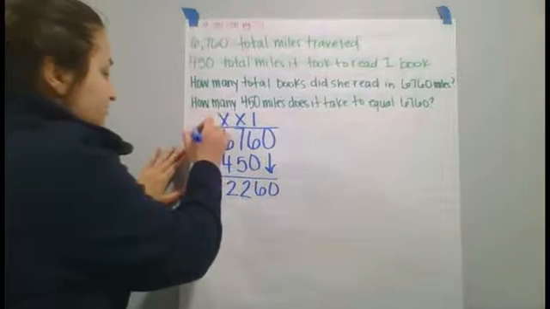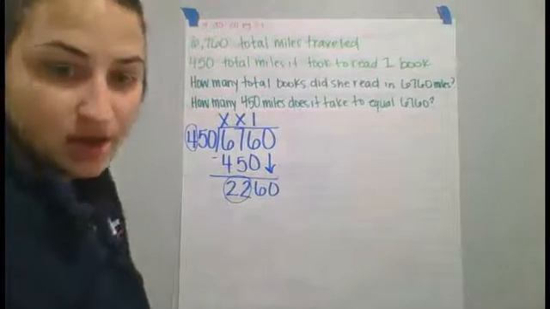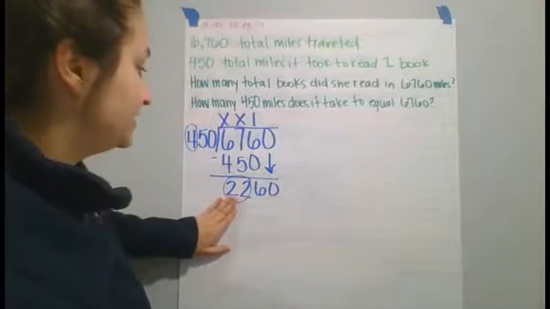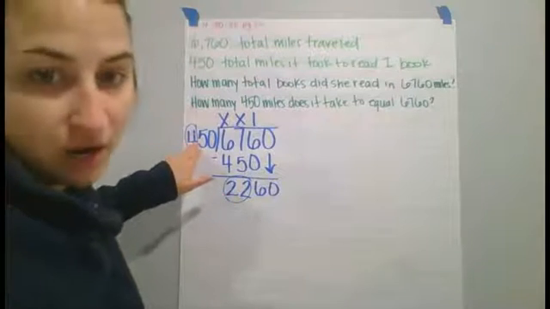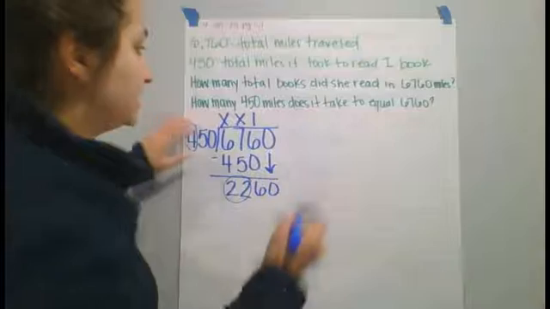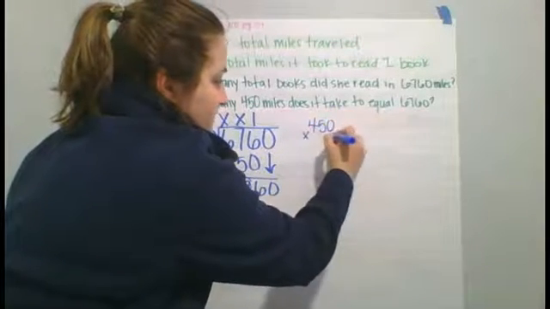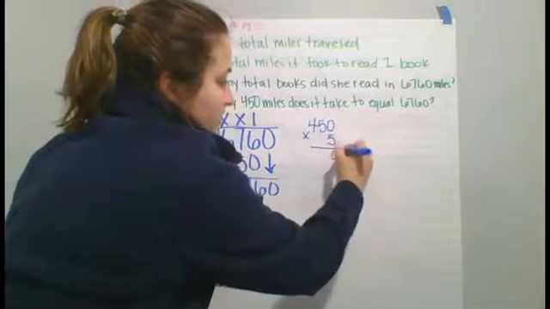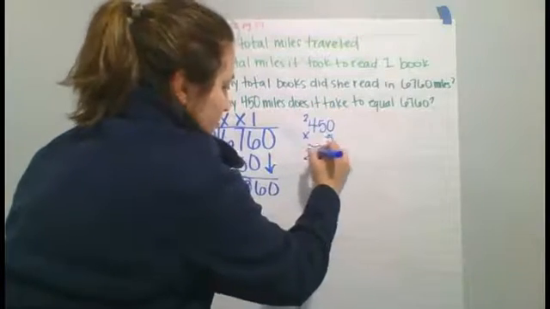So I'm going to look at this 4 and see how many times it can go into 22. So 4 can go into 22 5 times. So I want to start by taking 450 times 5 to see if it gives me something close to this. So we have 0, 25, 20, 22.